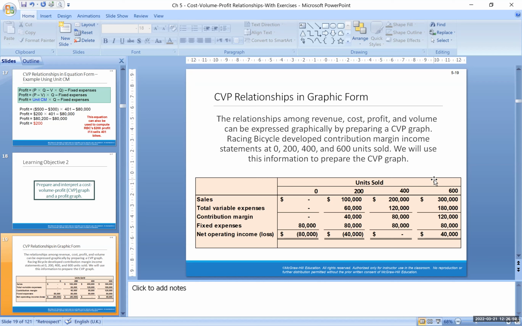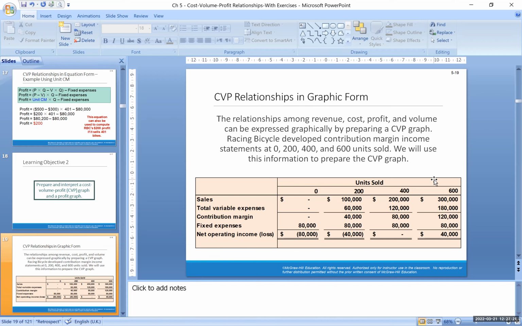So if we prepare the income statement, if the company sold 0 units, which means I'm not selling anything, the sales volume will be 0 for the first column.